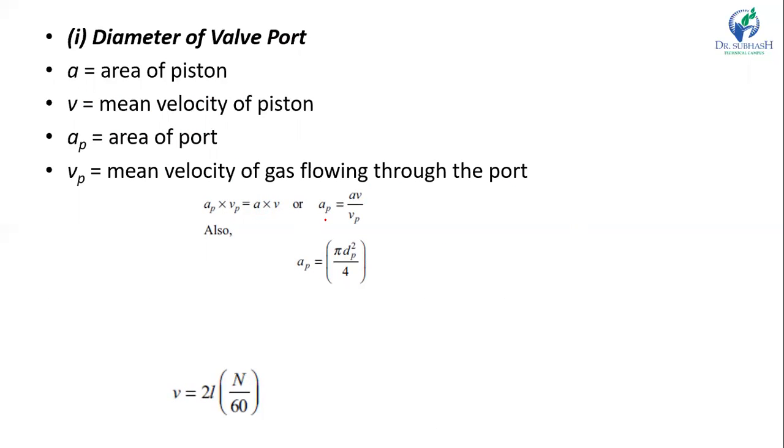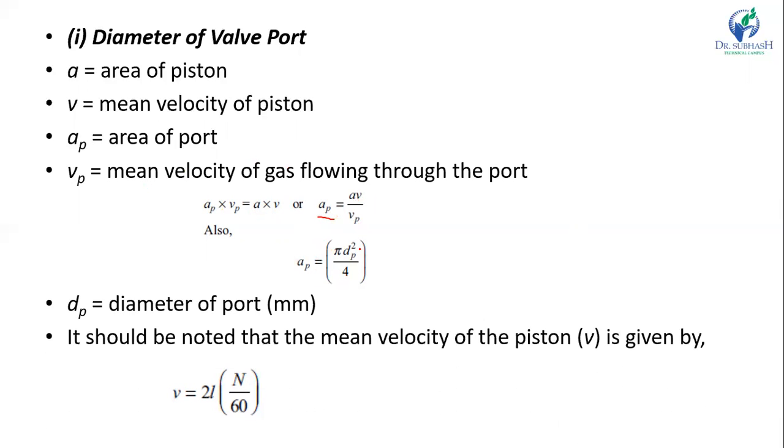So from that, we can say AP, the area of port, is given by A into V upon VP. And AP is equal to pi by 4 dP square, where dP is the diameter of port in millimeter.